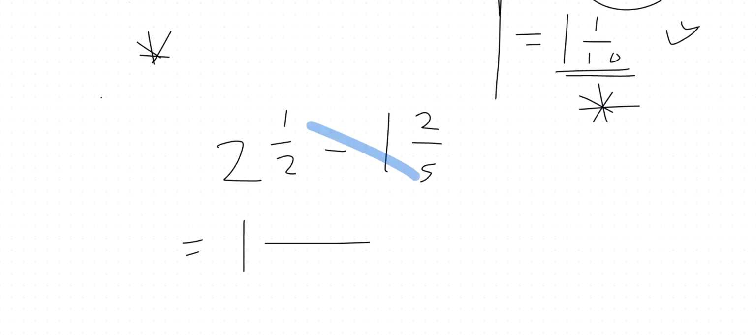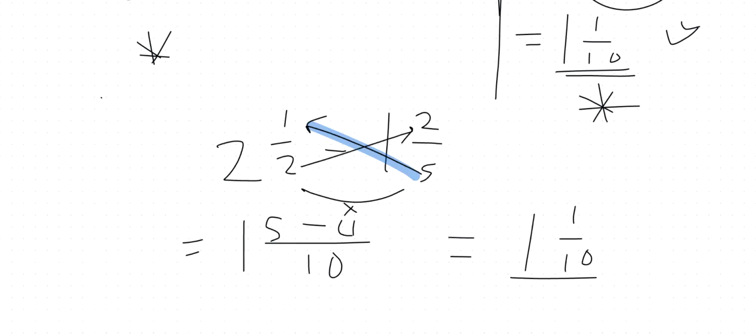And then 1 times 5, and I say this 5 minus 2 times 2, this 4, which then gave me 1 over 10. So 1 and 1 over 10. That's the answer that I got. So tell me what you think about this method. I think I like it.